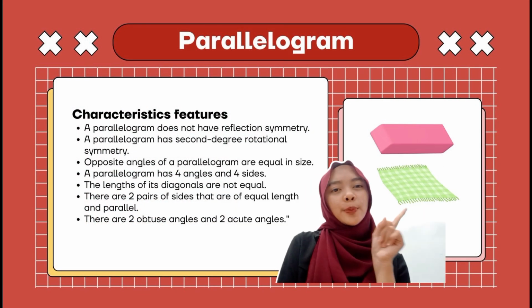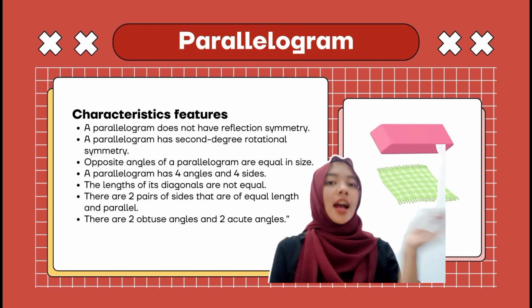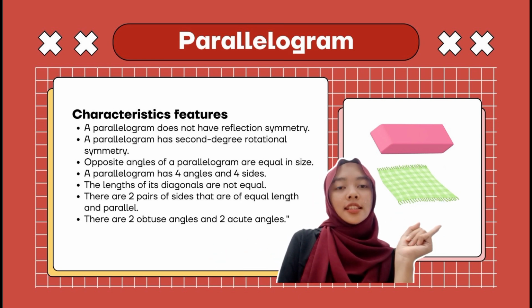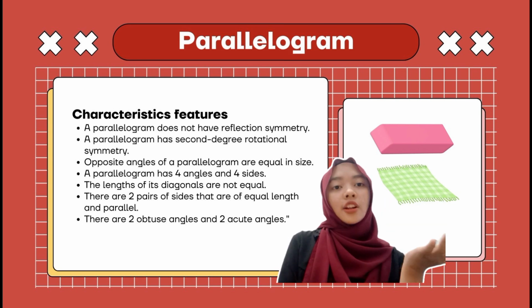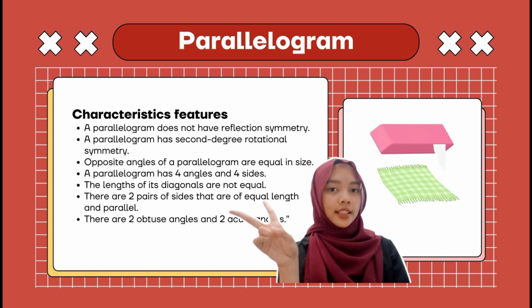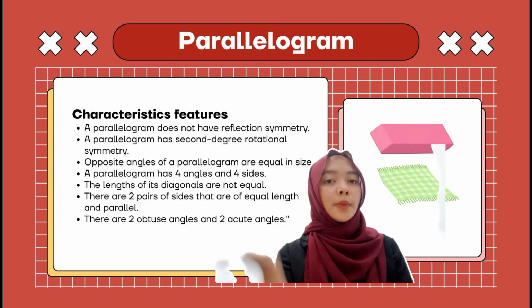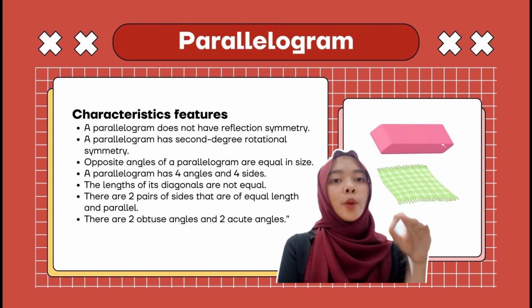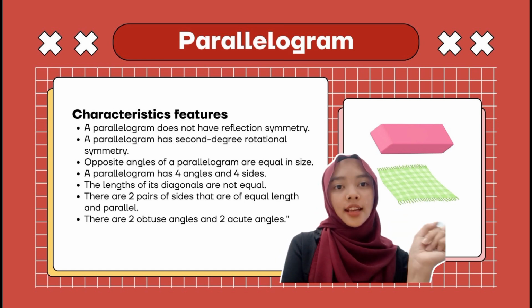Okay, the first plane figure to be explained is the parallelogram. The following are the characteristics of a parallelogram. The first, a parallelogram does not have reflection symmetry. The second, it has second degree rotational symmetry. The third, opposite angles of a parallelogram are equal in size.